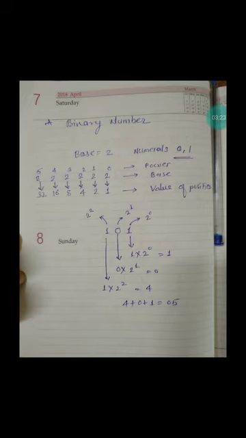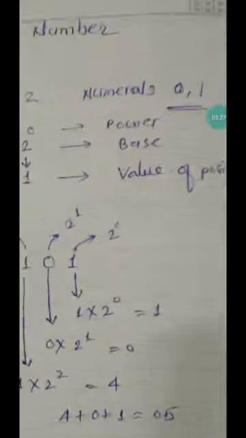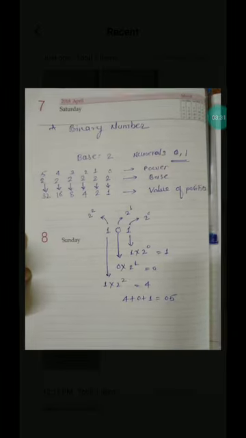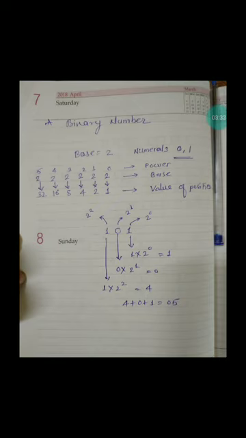So the numerals used for representing binary numbers are 0 and 1. Here it is shown: numerals are 0 and 1. As usual, in the case of decimals we raise powers of 10. The first position is the 0th power of 10, then the first power of 10, then the second power of 10, the third power of 10, etc. It goes on.